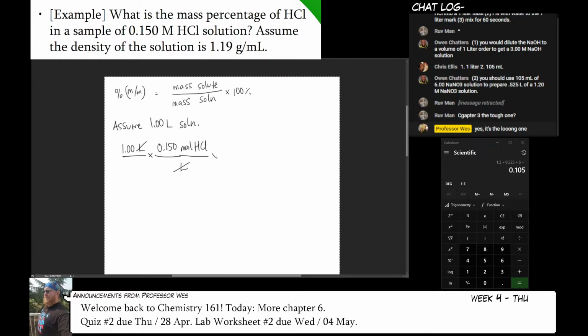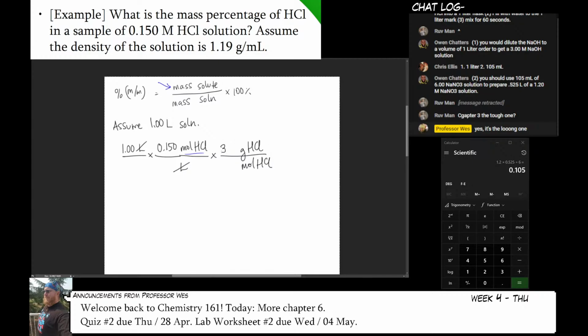And then I want the mass of the solute up here, so this needs a mass. This is moles, so let's turn it into a mass. I need to go to Lentech to get the molar mass of HCl, which I believe is 36.4 something. 36.46.